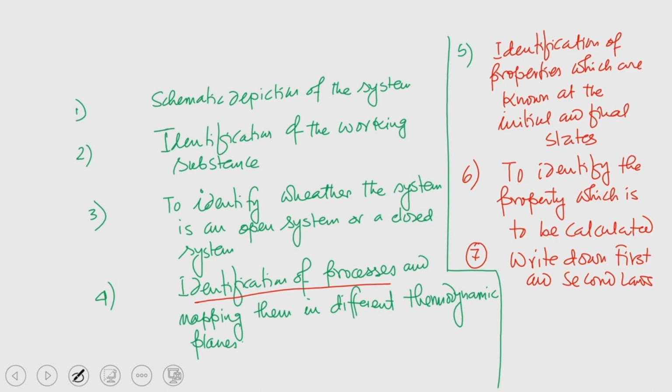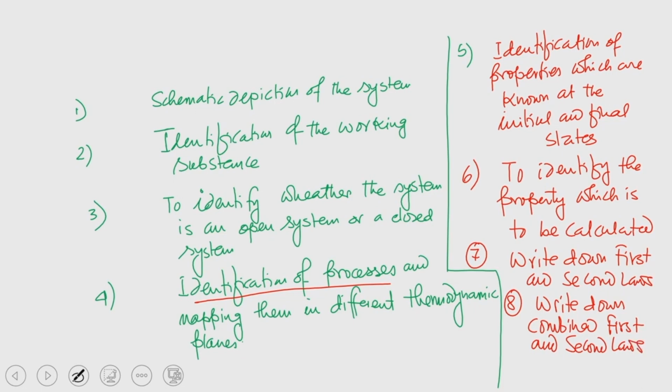So, 7 is first law and second law, 8 is write down combined first and second laws, right.